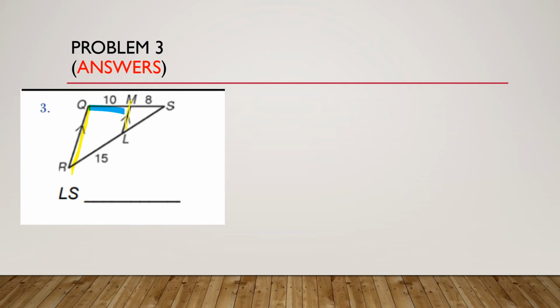We have Q to M was cut, and then we have M to S. And then on the other side, we have R to L, and it was cut into L to S.